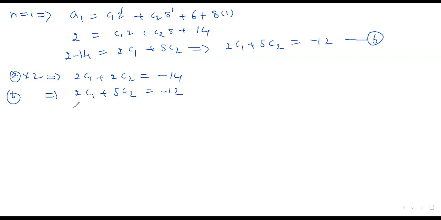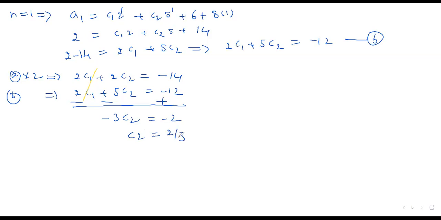If you subtract one equation from the other, the signs change and the first two terms cancel. Then we get minus 3C2, since 2 minus 5 is minus 3, equals minus 14 plus 12, which is minus 2. Therefore C2 equals 2 by 3.